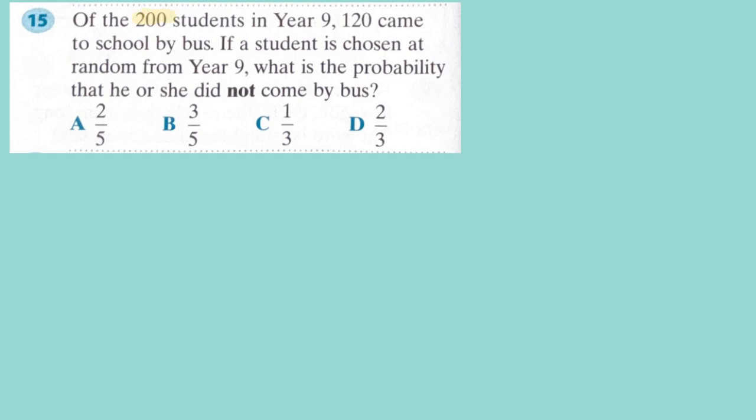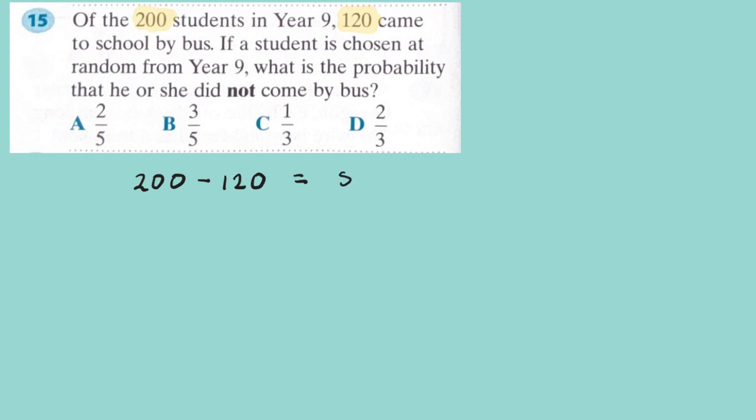Of the 200 students in Year 9, 120 came to school by bus. If a student is chosen at random from Year 9, what is the probability that he or she did not come by bus? So if there were 200 students, and if we take away the ones that came by bus, we'll know how many did not come by bus.